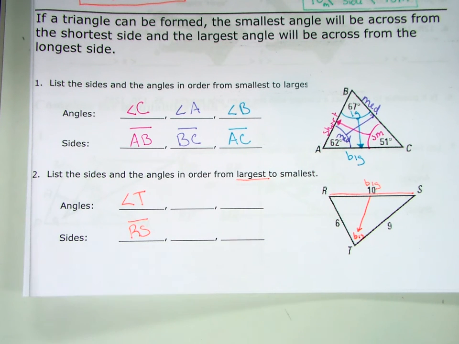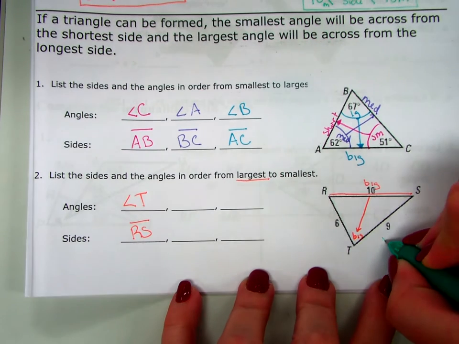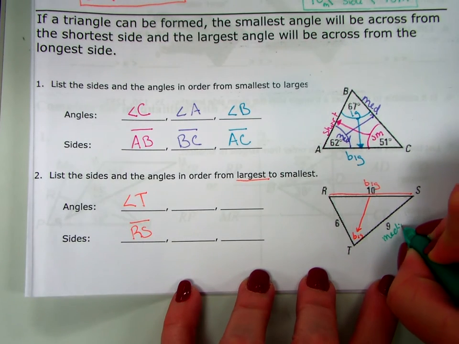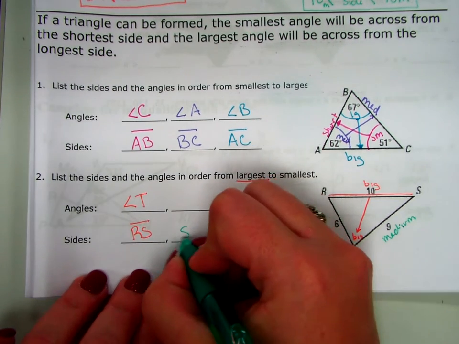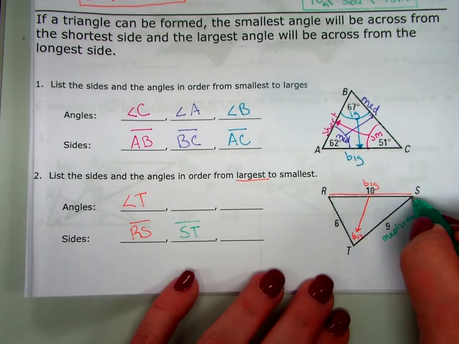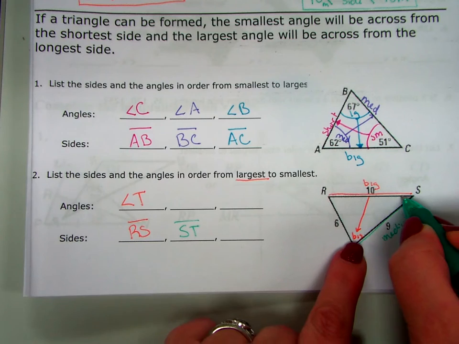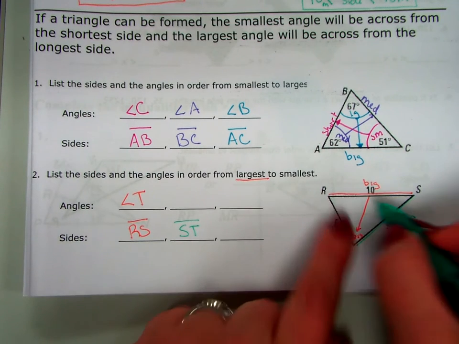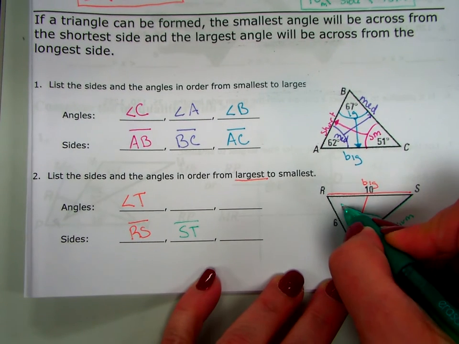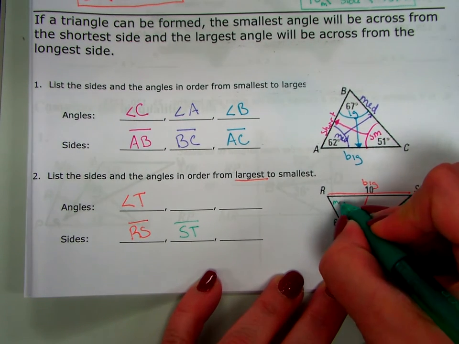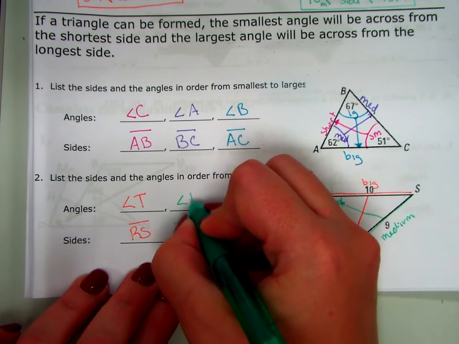Okay? Which side is my medium side? ST. And if I leave ST and I go across, what's my opposite angle? Angle R is going to be my medium angle.